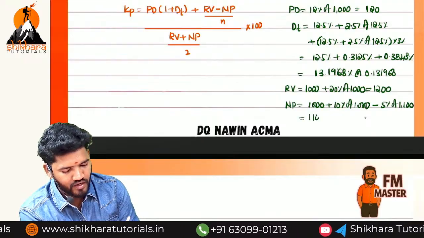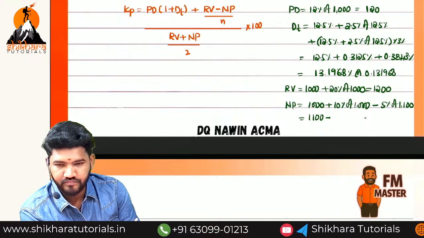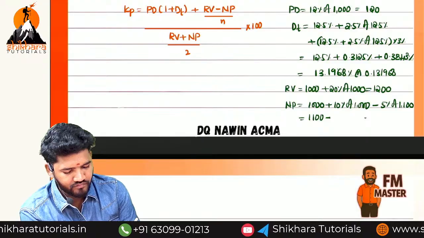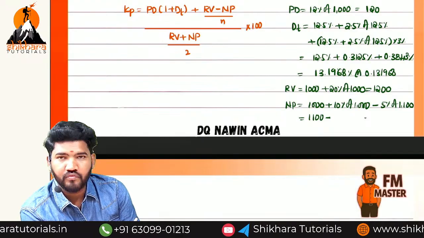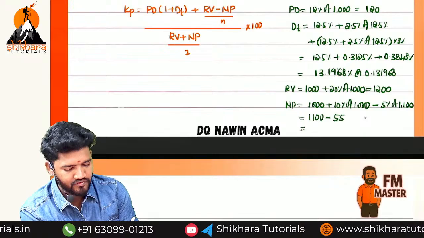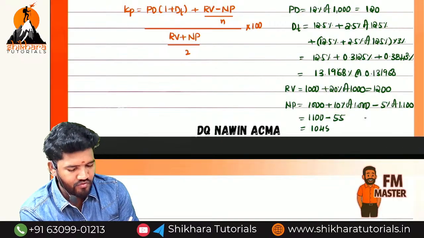Now 1,100 minus 5% of 1,100, how much? 55. Net proceeds 1,045.